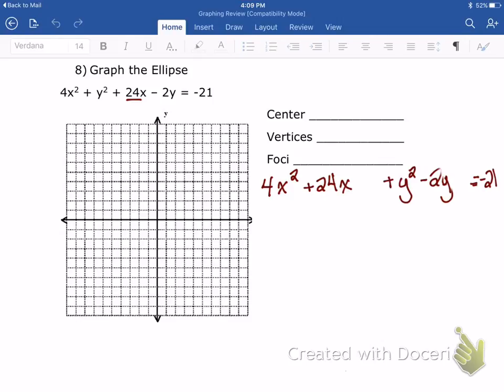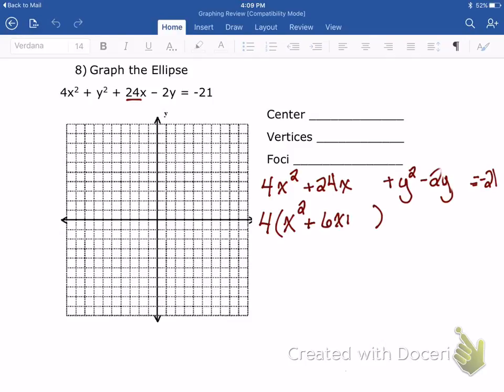So I could go ahead and complete the square with my y values because I have a coefficient of 1. However, I can't complete the square yet with my x values because I don't have a coefficient of 1. So what I have to do with my x values is factor out that 4. I am pulling out the greatest common factor, so I will be left with x squared plus 6x.